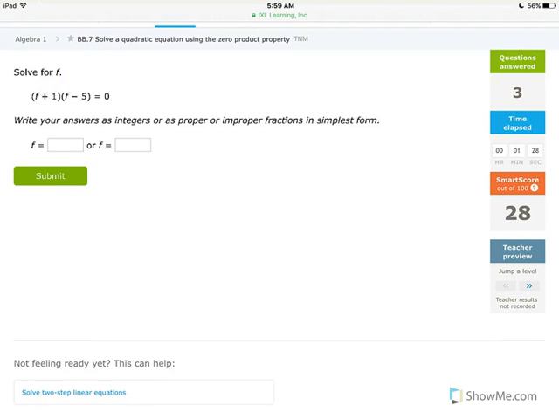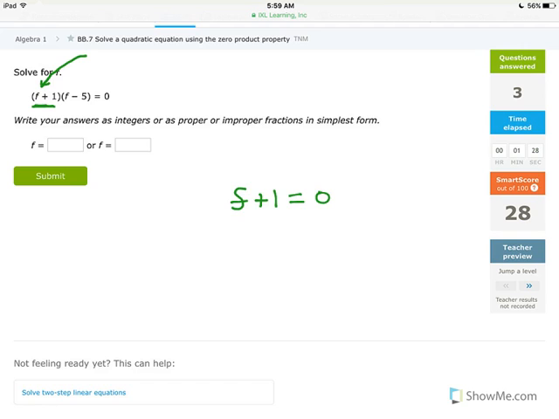This one's a little bit different. Notice we have a plus sign, so it's f plus 1. So what number would have to go in for f if you have f plus 1, and you're looking for that to be 0?